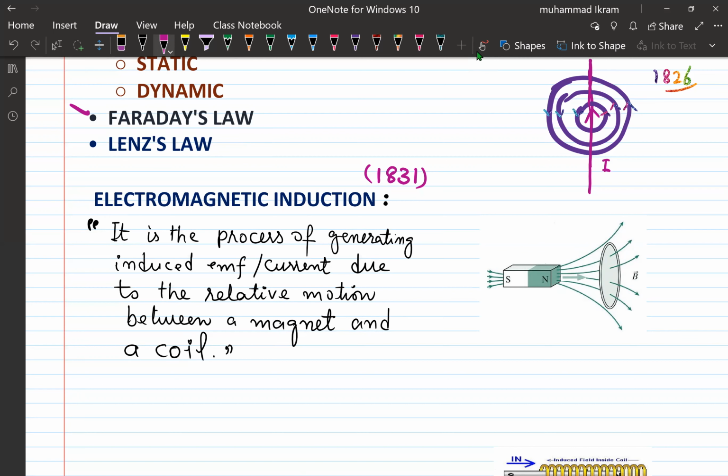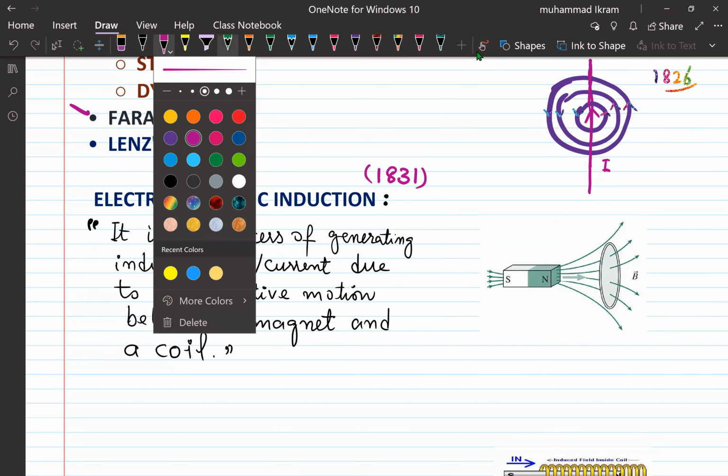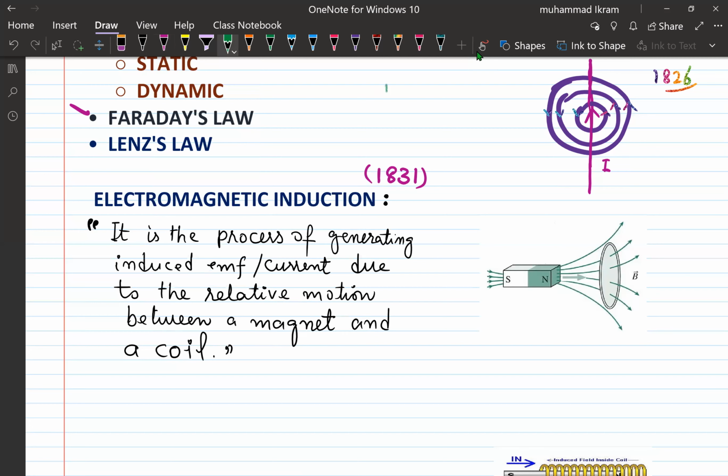His entire work was purely experimental, and it did not include even a single equation. Later on, it was Maxwell, also one of the genius scientists, who gave a mathematical form to Faraday's work on electromagnetic induction.